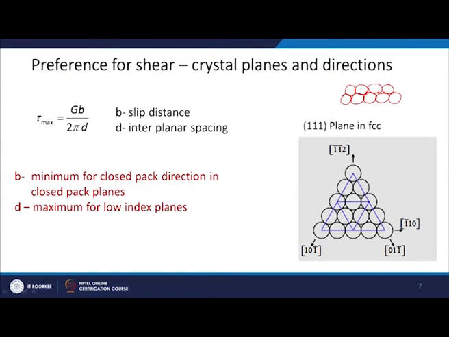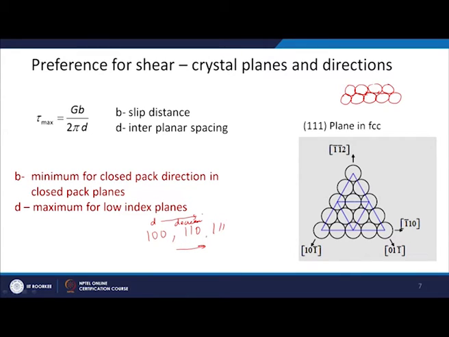We also discussed that you have maximum interplanar spacing d for low index planes. Low index planes are 100, 110, 111 and so on. In this direction indexing is increasing, so this will have the maximum d spacing, and then d spacing decreases in this direction.